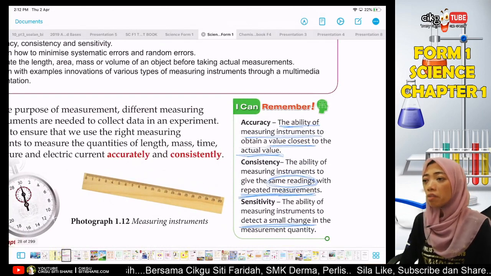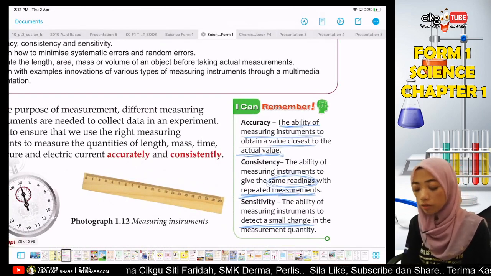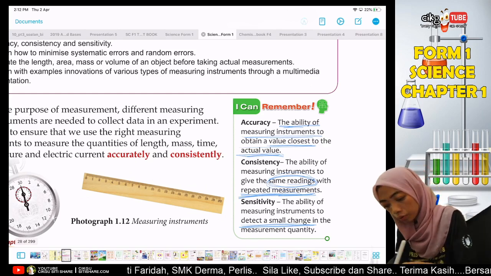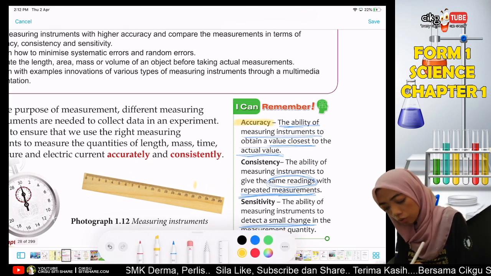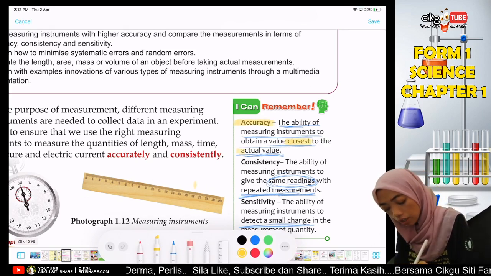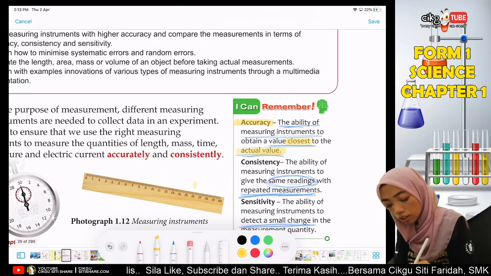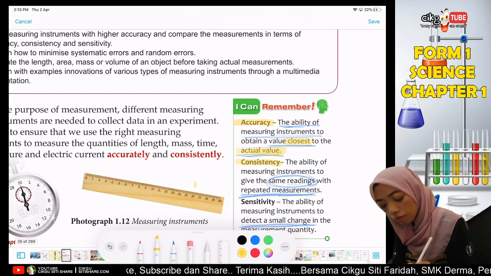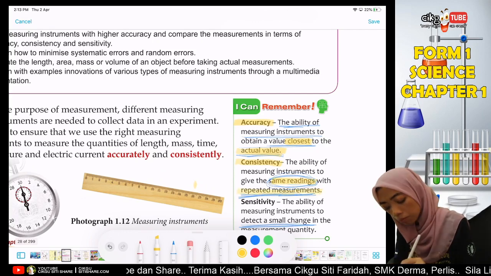The ability of a measuring instrument to obtain a value closest to the actual value. So accurate, the value that we get is closest to the actual value. Consistency, the ability of a measuring instrument to give the same reading with repeated measurement.